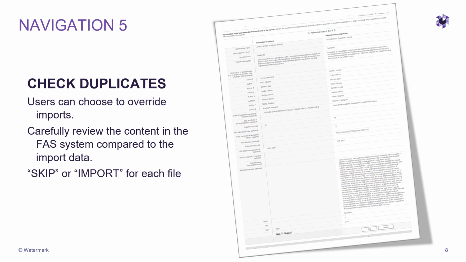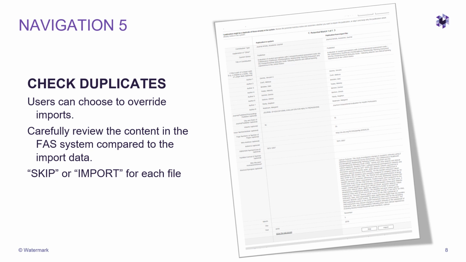Faculty Activity System checks selected publications for duplicates to see if they're already in the Faculty Activity System. The publications that may be duplicates are presented to you for your review, and for each potential duplicate publication you will be given the option of whether to skip importing that publication as a new record or to go ahead and import it to the duplicate publication to update the existing record in the system.